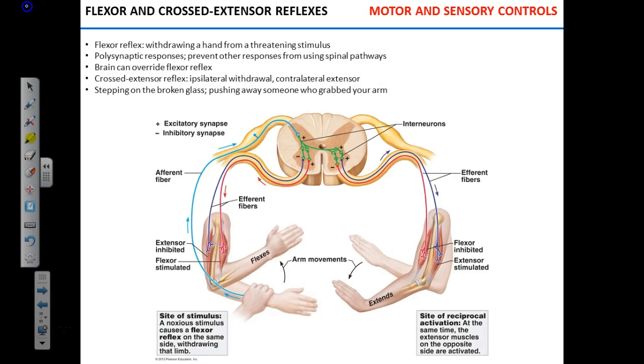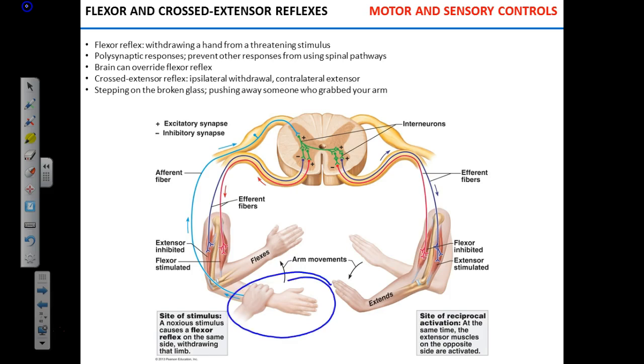This is one of my favorite reflexes. It's the flexor crossed-extensor reflex. Sometimes they separate it: flexor reflex, crossed-extensor reflex. I prefer to talk about them all together. This one shows the response if somebody grabs your arm. That's what we start with.